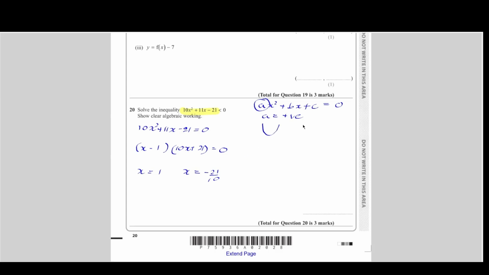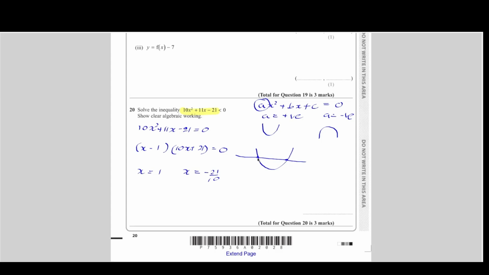If it is positive, happy face. If it is negative, sad face. In this case, it is positive. Therefore, my curve should be like this. After that, draw the x-axis. Now, these 2 points, we call them critical points.